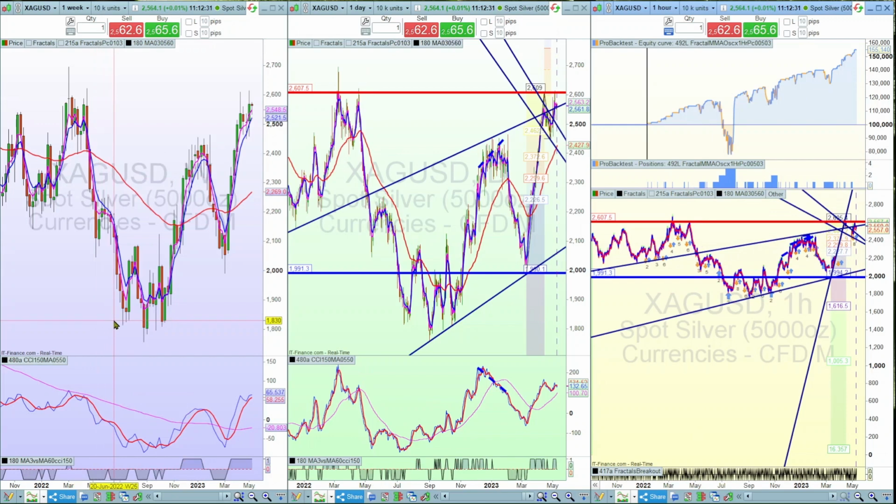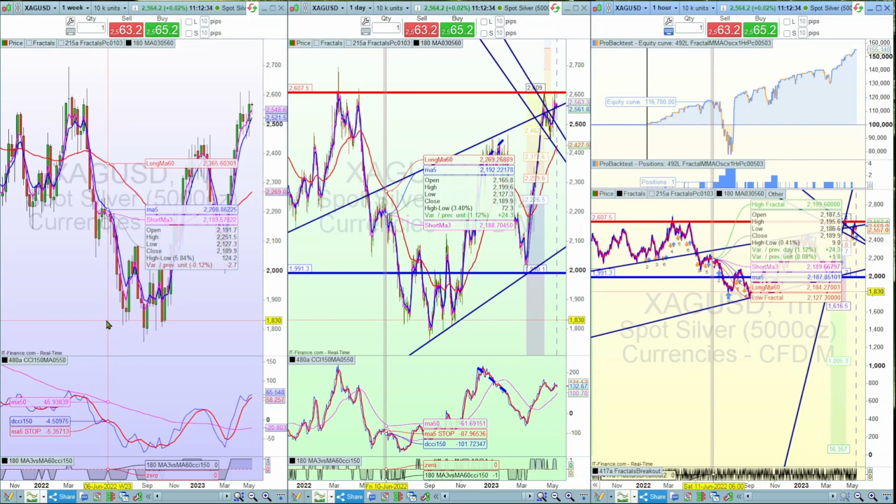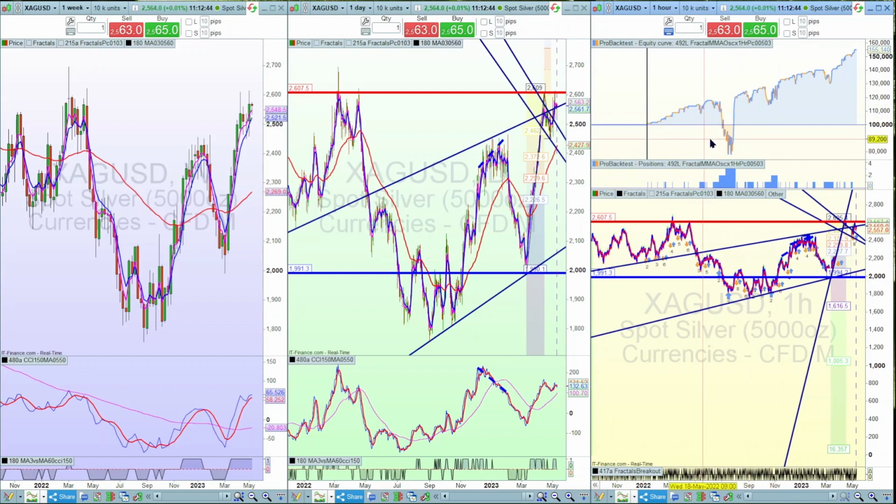It would have been around there. Yep. So around there, if you notice on the weekly and daily, they're showing no long positions. And on our hourly chart, we're running an hourly program there. It's saying you would not have taken the trades on the hourly, so you would not have taken those trades had you followed the weekly and daily trends. So just to be mindful of that. Again, this program is running throughout the whole period. It's not differentiating between long and shorts on the weekly and daily.